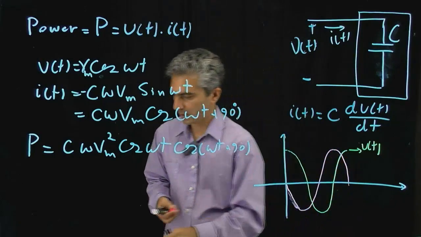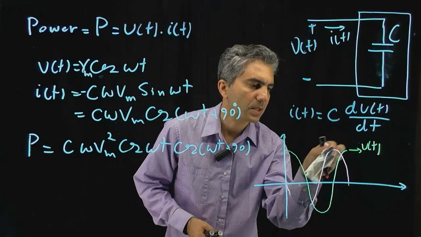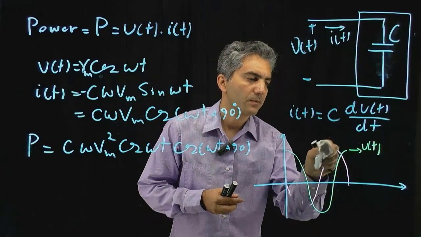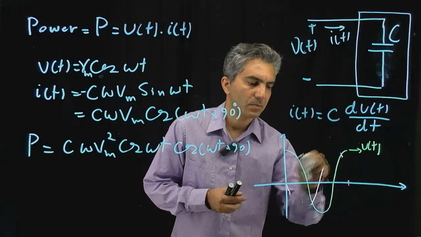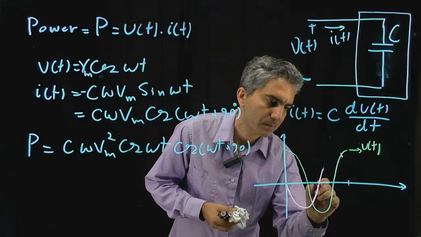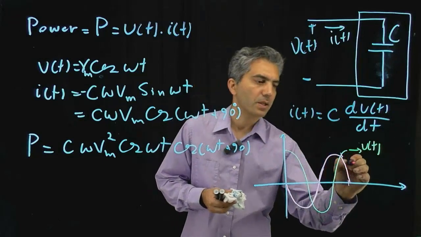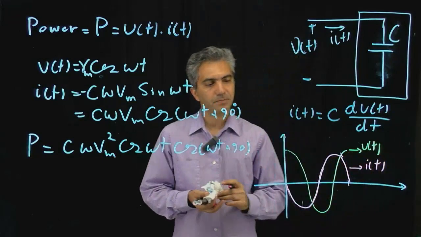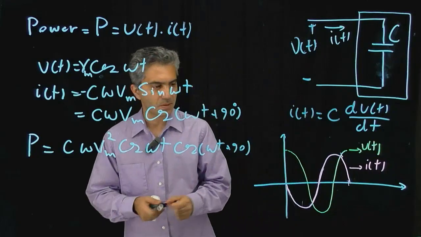Obviously, again, the amplitudes don't have to be the same. It's a function of the values for the capacitor and all that, so let me draw it for a more general case. So now that's the current I. And now we multiply them by each other. The same exact thing happens.